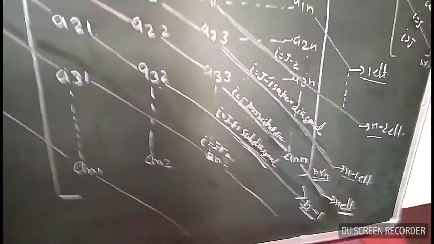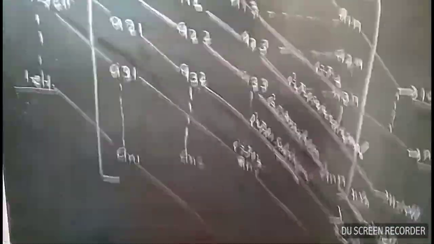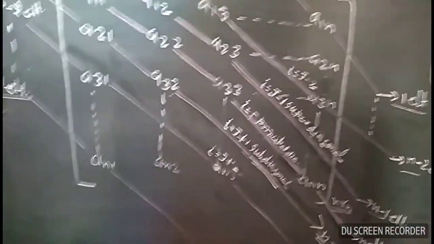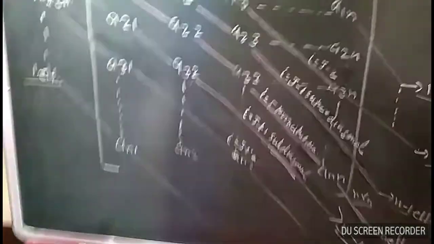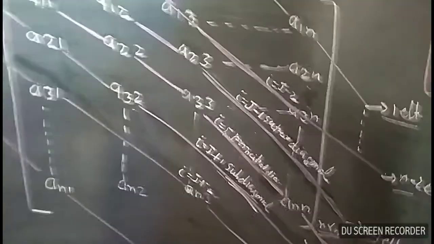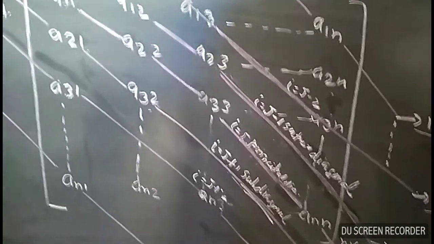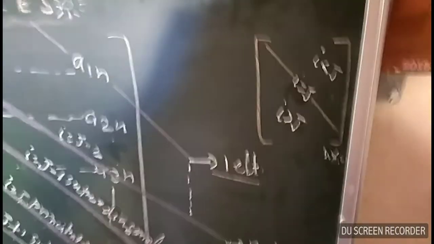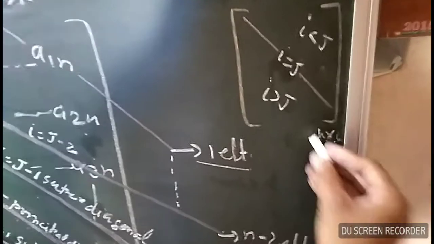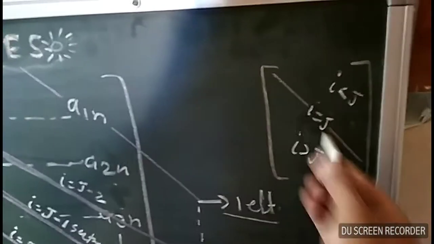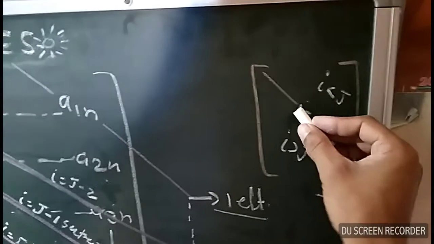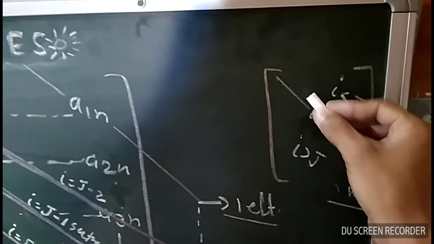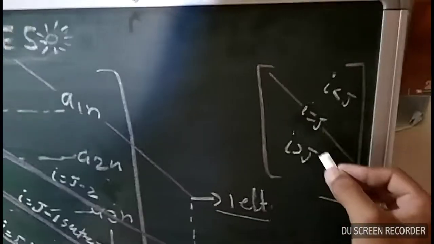Then clearly, in a square matrix we can find the number of elements with the help of the diagonals, and we see this representation in another small matrix of order n cross n. This is the principal diagonal, this is above the principal diagonal, that is the super diagonal, and this is the subdiagonal.